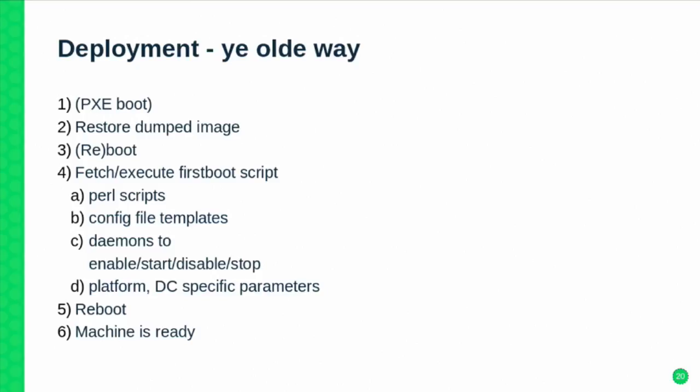First of all, we have a server. It simply does a PXE boot, then fetches the so-called blade installer, which does some basic configuration and restores the previously dumped image when it's fetched.